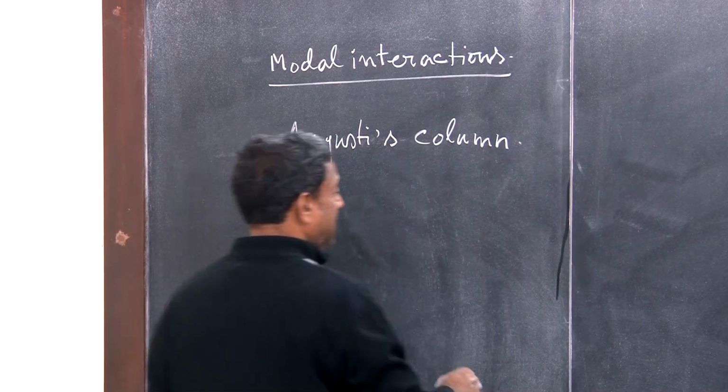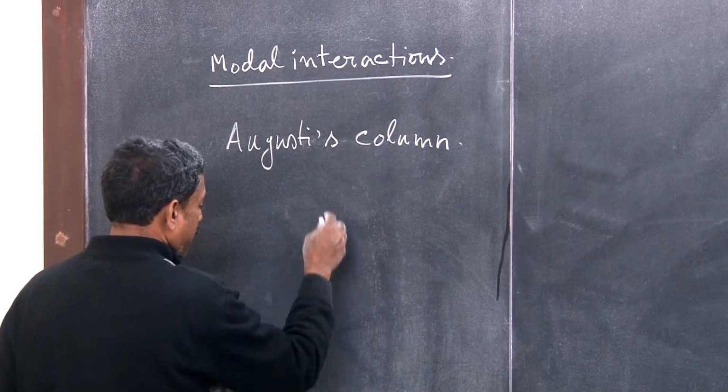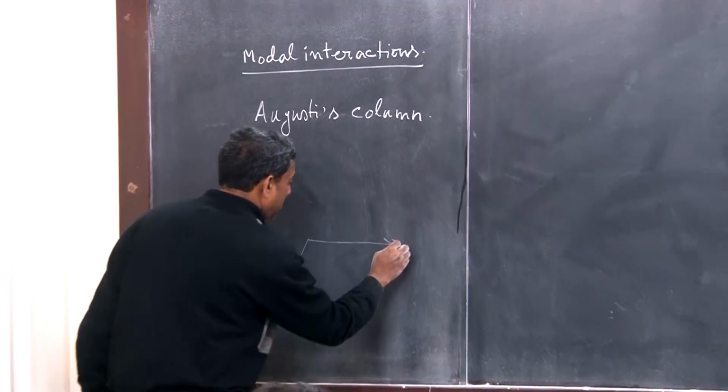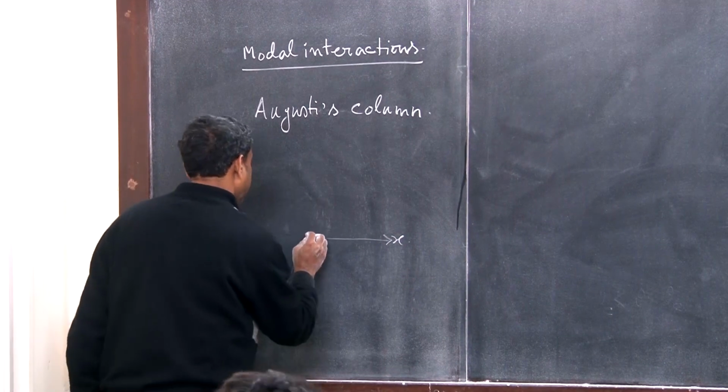So this column, you consider like this, maybe this is x, this is y, and this is z.